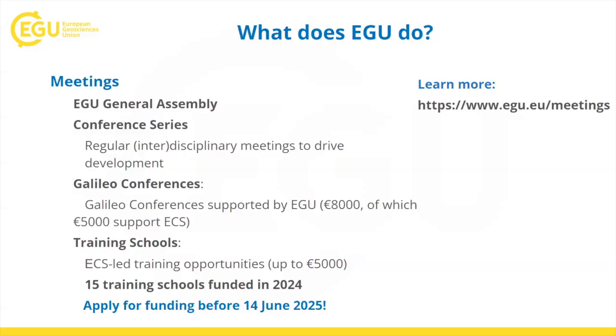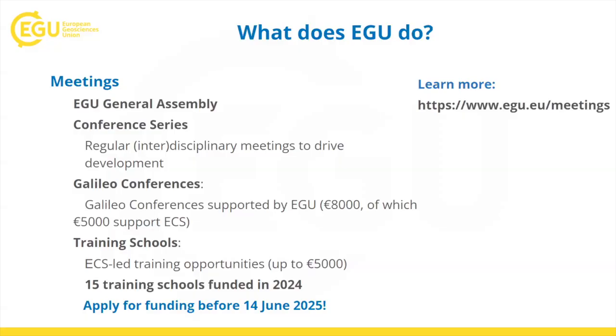Focusing on the early career theme, we also offer funding for training for early career scientists. So if you want to get access to some scientific training, whatever it is, perhaps your institution doesn't have that training module or you can't access one, then you can apply for funding and we can fund that training school for you.